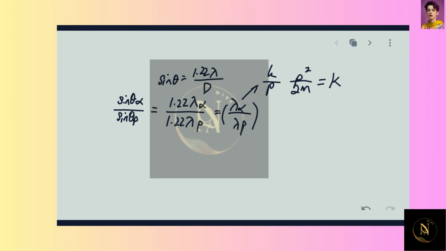Furthermore, the kinetic energy is related to the acceleration of our particle, because it depends on the charge and the potential difference, and we're given that this potential difference is the same for both particles.